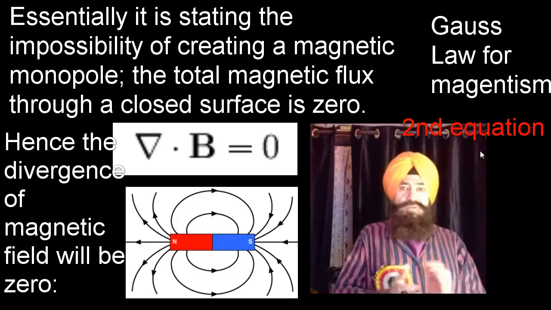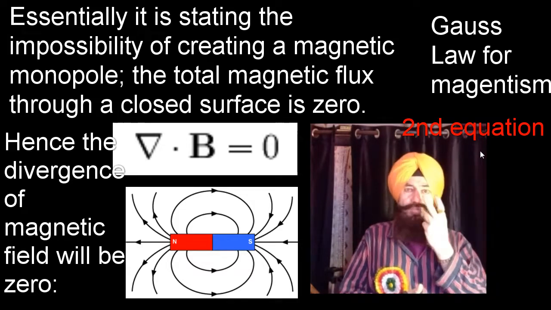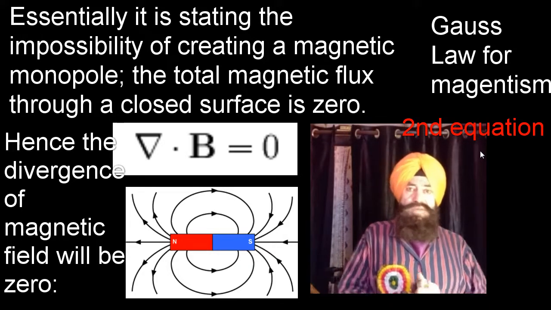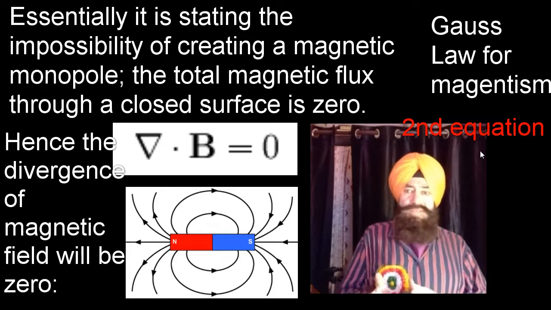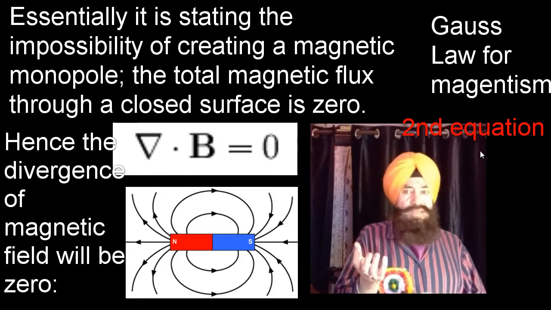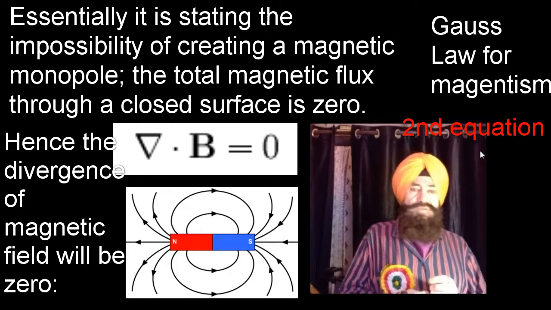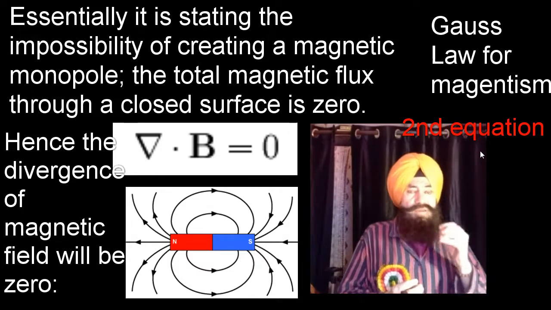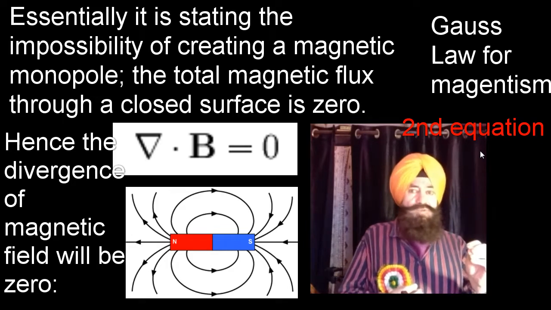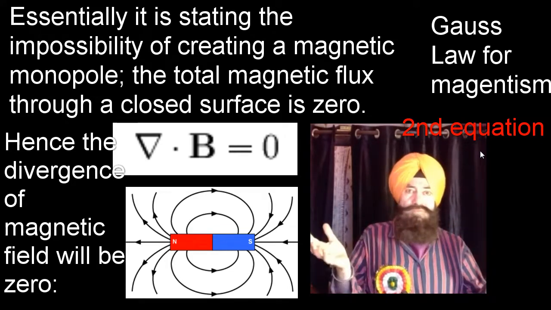Now I am coming to the second Maxwell equation, the Gauss law for magnetism. Now it is again the divergence. What's the divergence? Divergence of the magnetic field. But divergence of the magnetic field is equal to 0, no value.